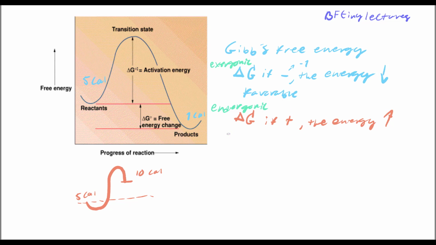Okay, so whenever we have this happening, we can say that this is spontaneous. And this is non-spontaneous. Right? So spontaneous doesn't mean, oh, it just happens instantly, within 5 milliseconds. No, spontaneous means that, oh, it's going to happen eventually.